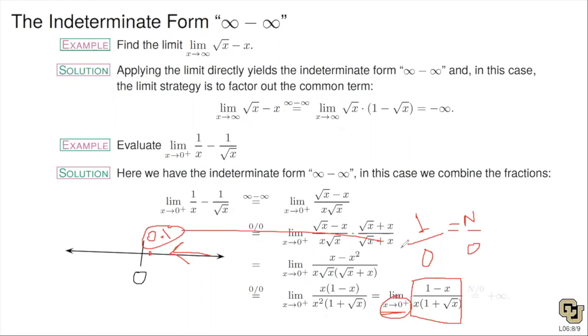When I plugged in 0.1 for x, 1 minus 0.1 is 0.9, so that's positive, divided by, and the entire denominator is positive, because here you have 0.1 times 1 plus the positive square root of 0.1. So the entire denominator is positive. So I have positive over positive. So this number over 0 in a limit gives me plus infinity for this one-sided limit.